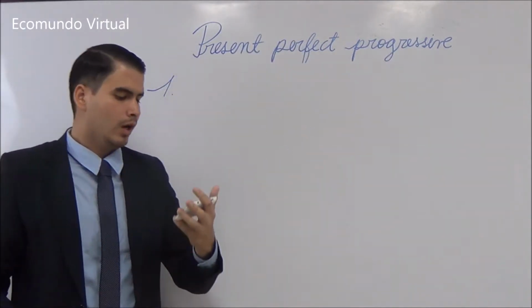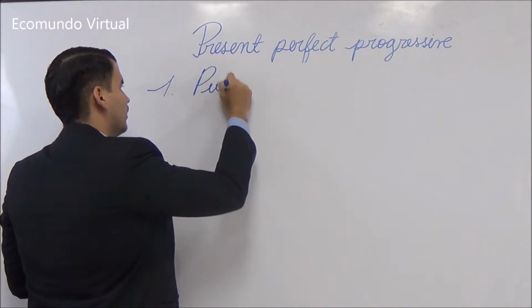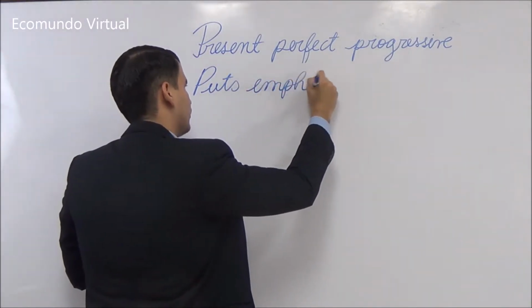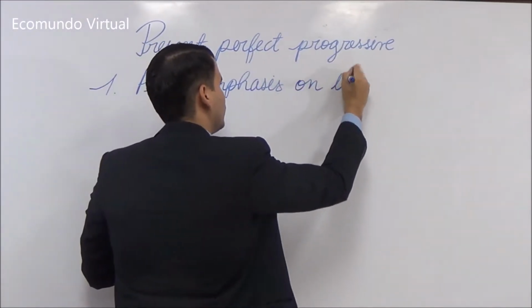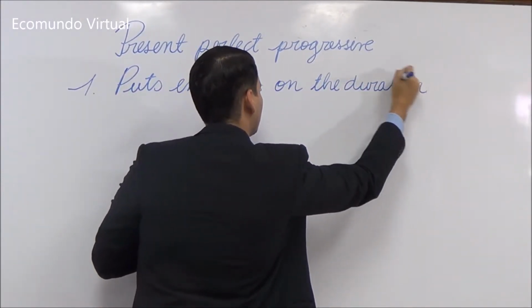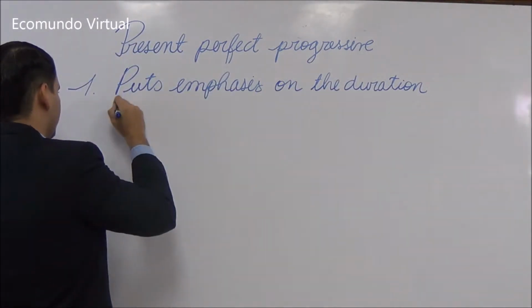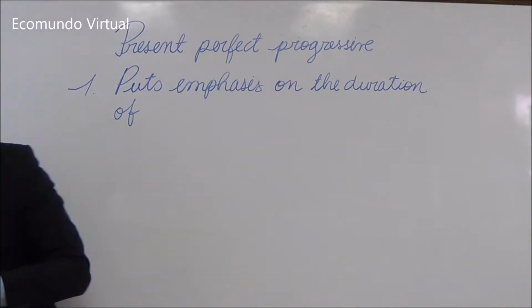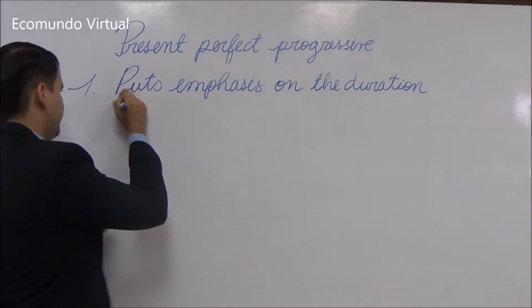Now we're going to learn the rules of the present perfect progressive. Rule number 1. We use the present perfect progressive to put emphasis on the duration.